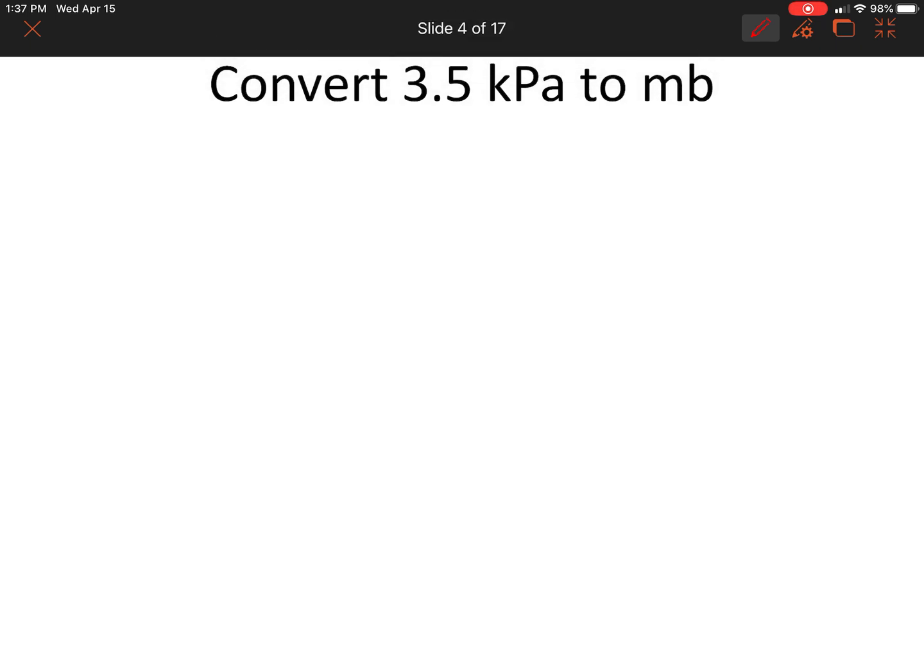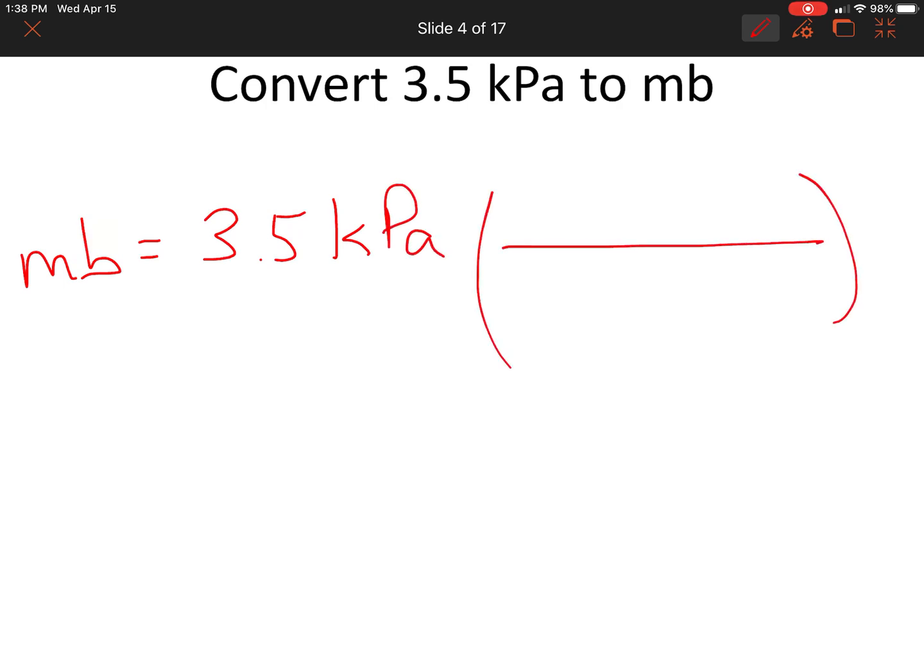Okay, this one, convert 3.5 kilopascals to millibars. So what you're looking for is millibars. What you know is 3.5 kPa, kilopascals. Now it's just a factor of 10 between them, but we're going to use dimensional analysis to keep it simple.